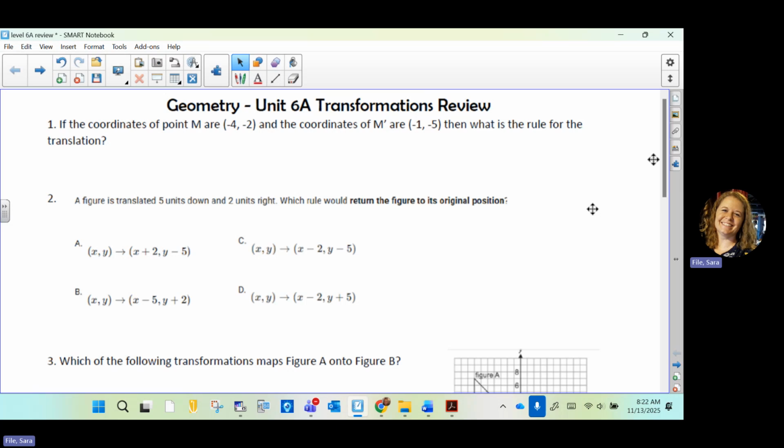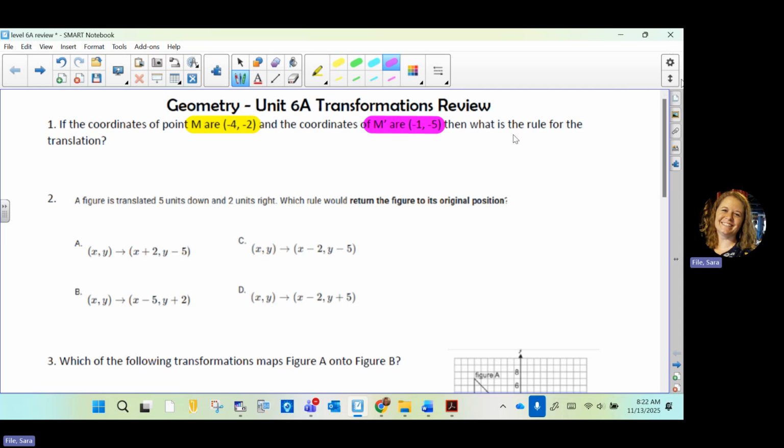It says, if the coordinates of M are (-4, -2), and the coordinates of M prime are (-1, -5), what is the rule for this translation? I can immediately see what I'm starting with and what it's changed to.